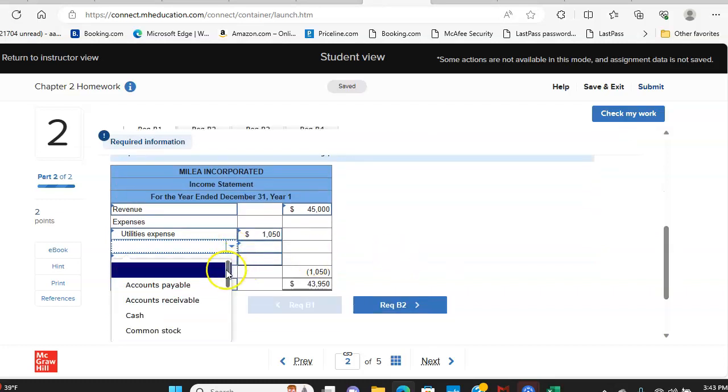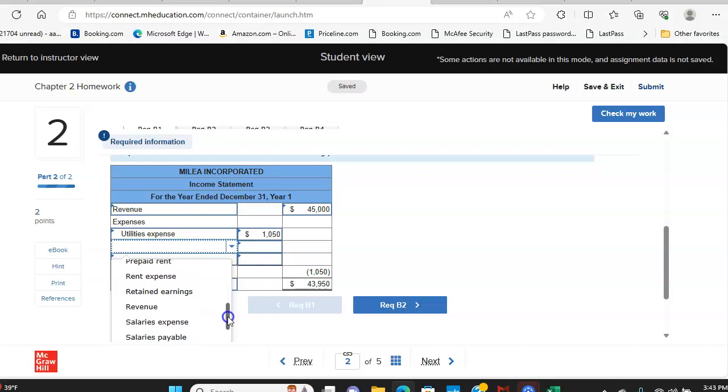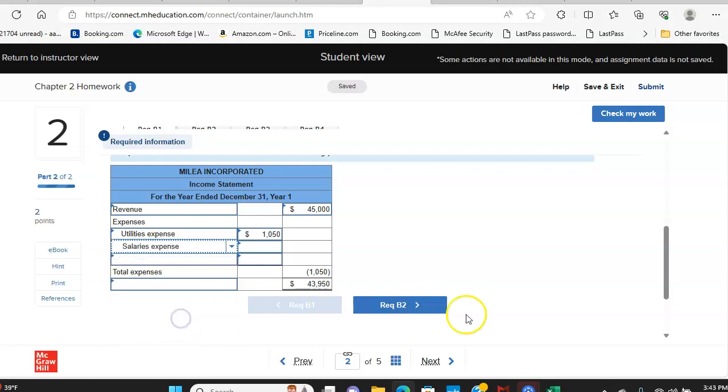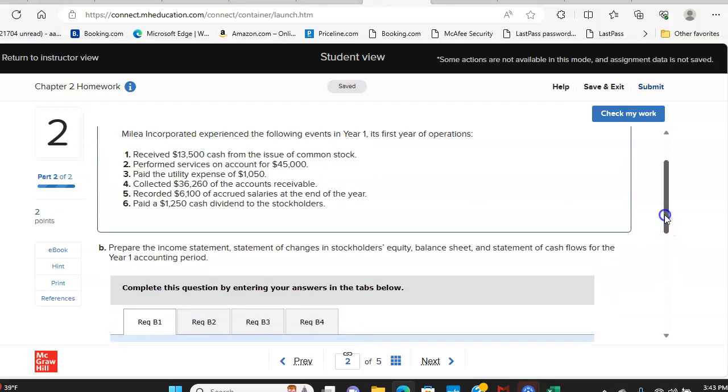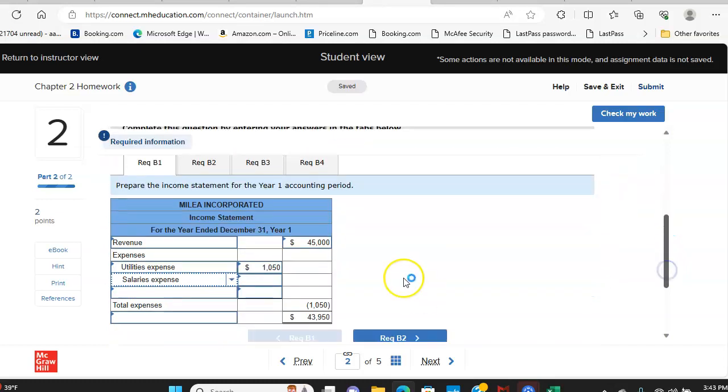So find your salary expense account. And that amount was $6,100. That gave us total expenses of $7,150. And you're going to subtract the expenses from the revenue.